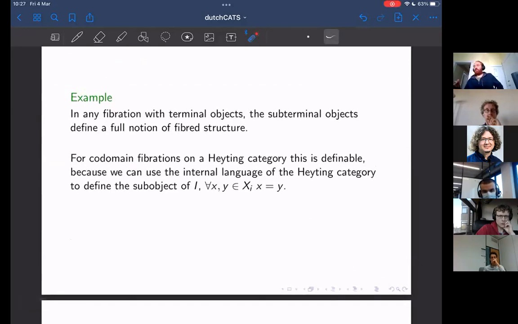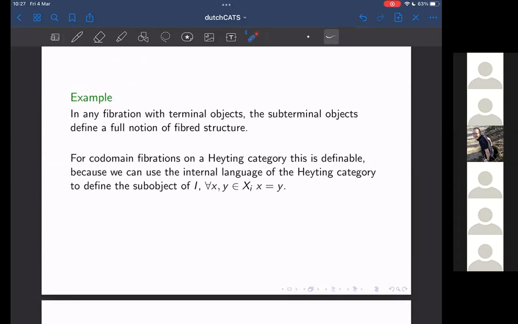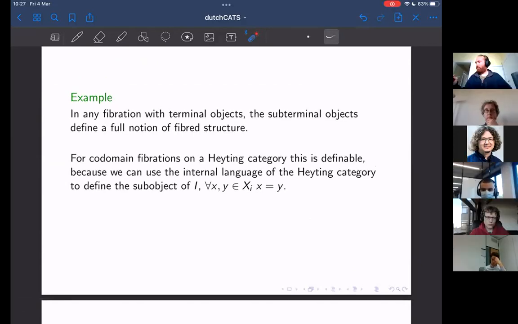Here's another example where we can see a bit better why you might call this kind of thing definability. There's another very important example of fibrations, which I don't think I mentioned yet, so I'll mention it now.